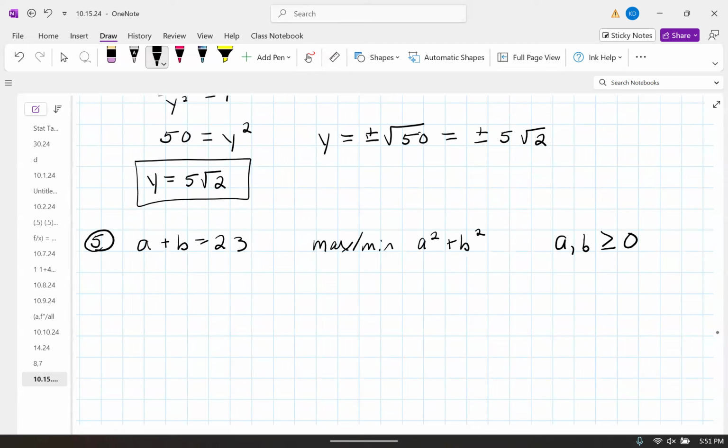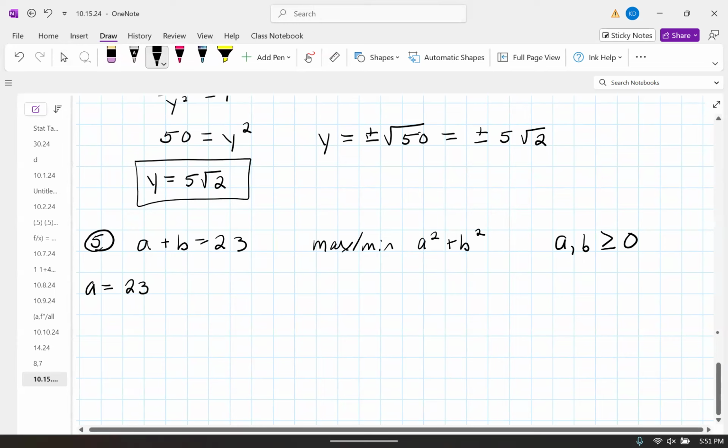I'm gonna solve everything for A because my A's tend to look like other numbers. My B's are usually pretty distinct. It's the only reason I'm making that choice. So I say A equals 23 minus B. Gonna plug it into my, we'll call it a Z equation because why not? (23 minus B) squared plus B squared.